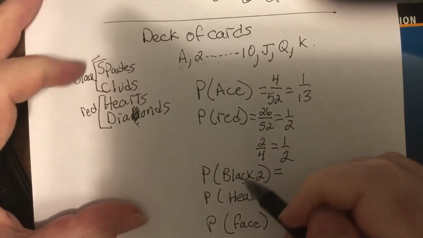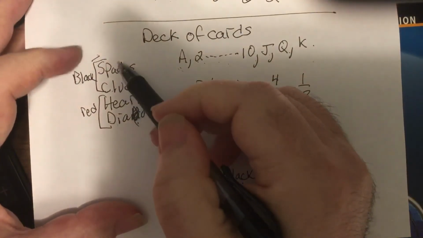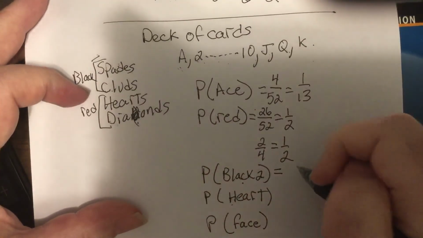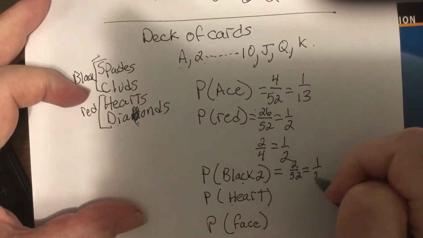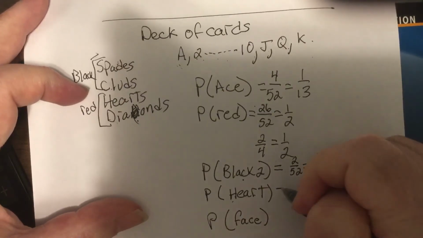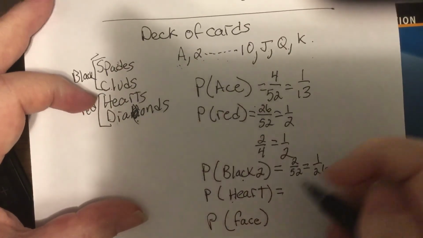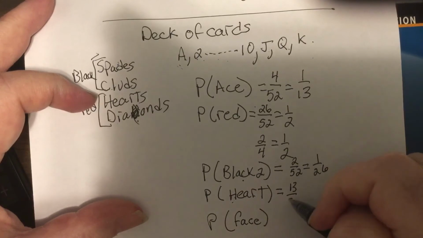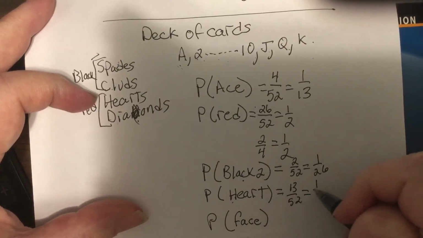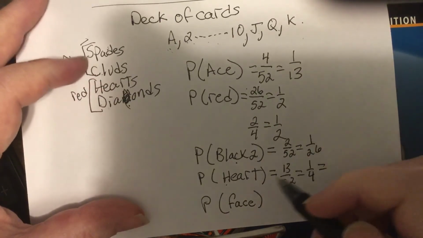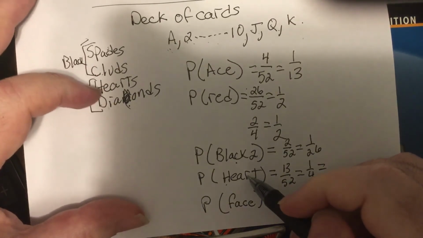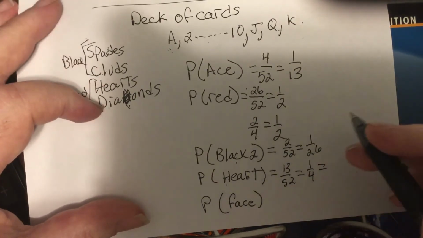Well, black 2, there's 2 black 2s: 2 of spades, 2 of clubs. So that would be 2 out of 52 or 1 out of 26. A heart, you could say 13 out of 52, which is 1/4. Or you could say there's 1 heart out of 4 suits.